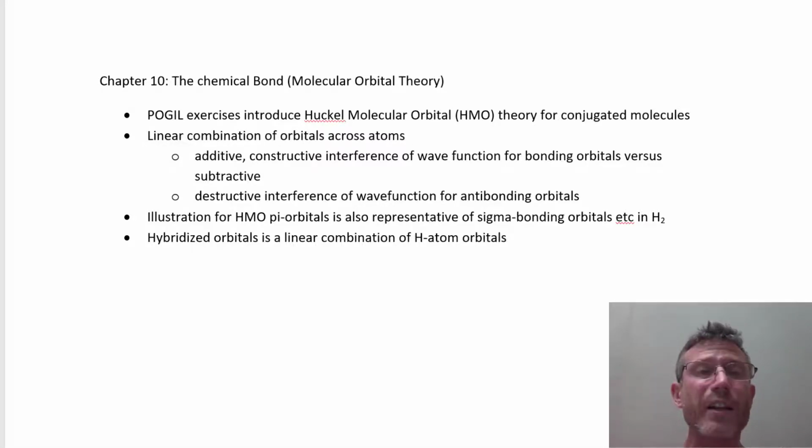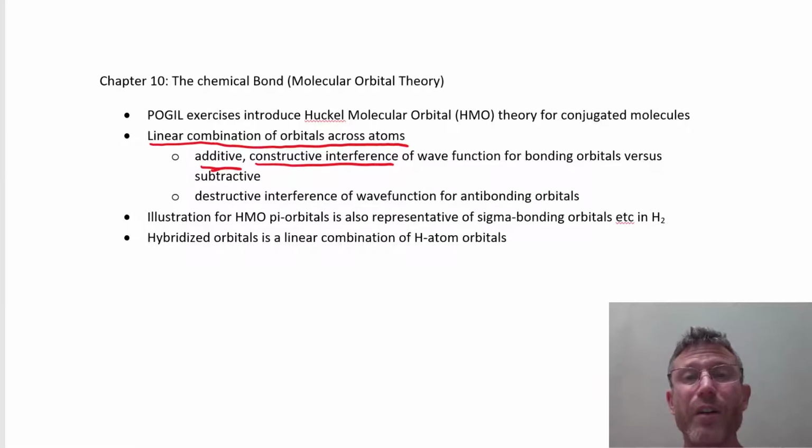I used that as an illustration to link us to linear combination of atomic orbitals, and I described how for a hydrogen molecule, for example, we can sum together, with a constructive interference of two 1s orbitals, one on each of the atoms, you can build a molecular orbital. A bonding molecular orbital would involve this additive constructive interference of the wave functions on both of the atoms independently.